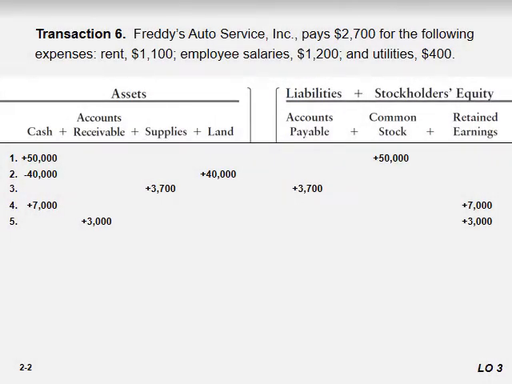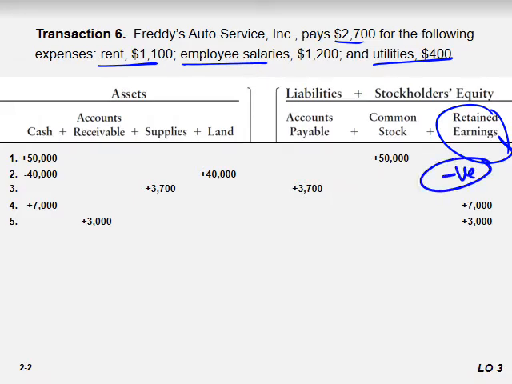Our sixth transaction is that Friday's Auto Service Incorporation pays 2,700 for the following expenses: rent, employee salaries, and utilities. So expense is a part of retained earning, right? When you pay that, your retained earning is negative or decrease.